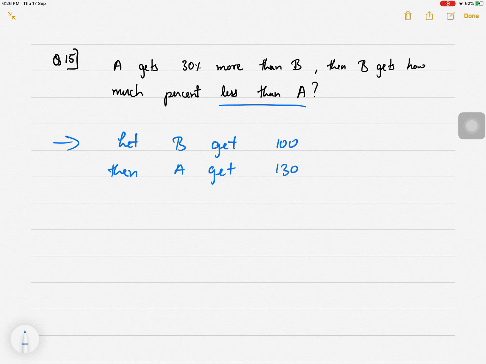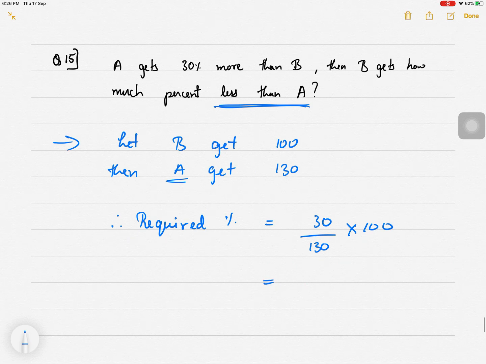So therefore required percent is equal to, the difference is 30 and less than A means 130 is the base. So 30 upon 130 into 100.